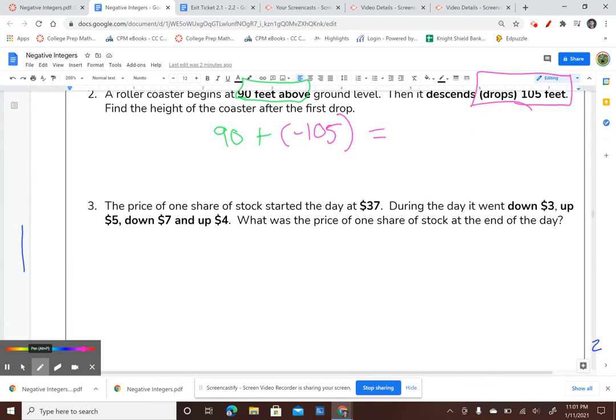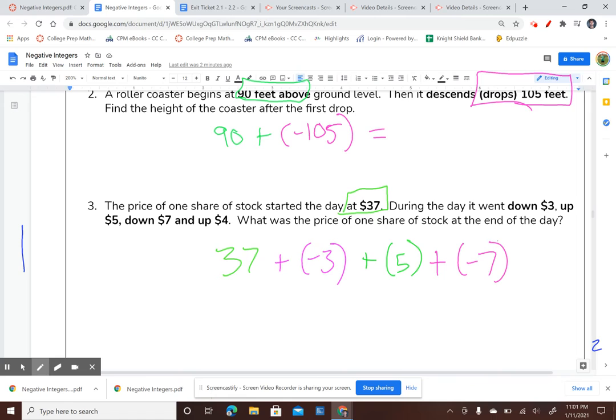Some of these may include multiple steps. For example, this one here says that a stock started at $37, and then during the day, it went down $3, it went up $5, down $7, and then up $4.